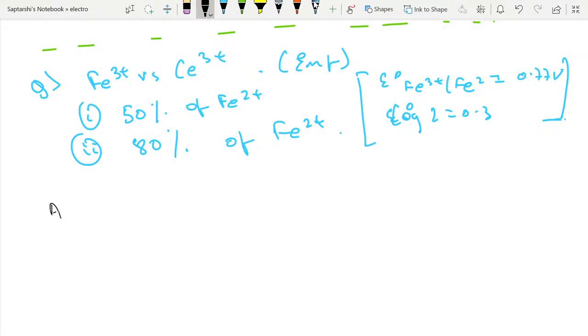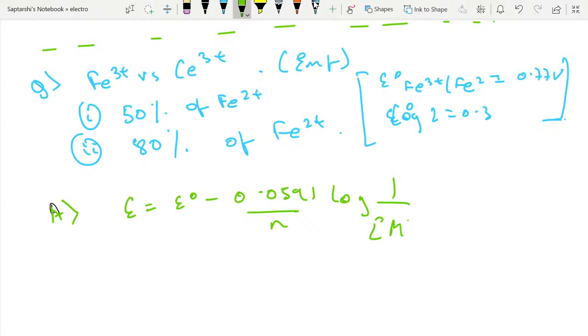The formula that we need to apply is E equals E dot minus 0.0591 by n log of 1 by M n plus.